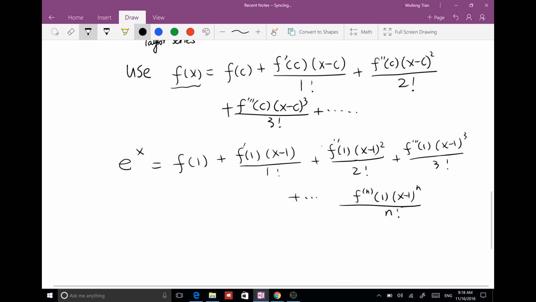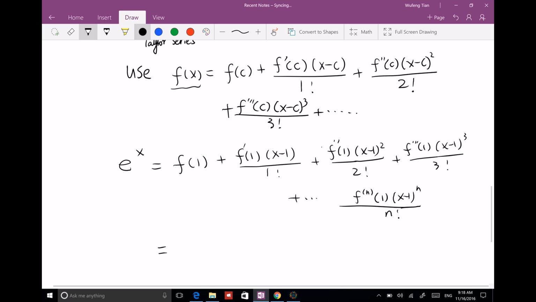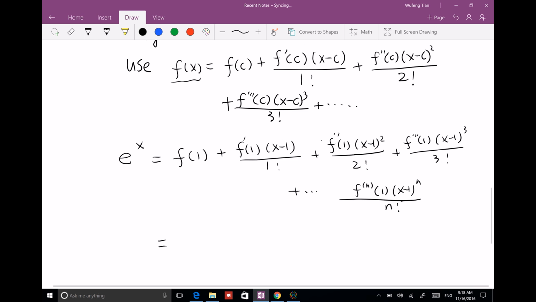Okay, so I will continue to ask you, Taylor, could you please tell me what is f(1)? Just 2.7. Yeah, it's e to the power 1, so it's e, right? What's f'(1)? e times (x minus 1) over 1 factorial.